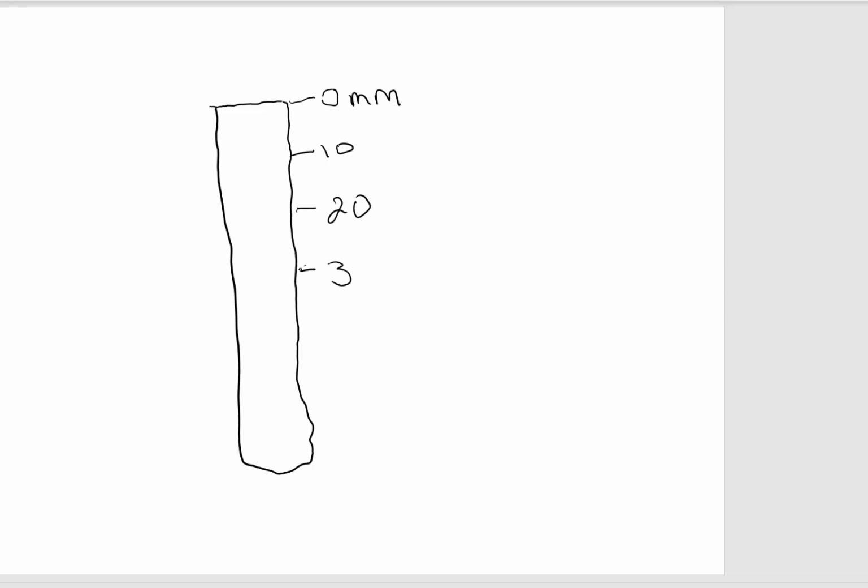So we fill the tube with the patient's blood. If we were face to face, you would be doing this with my blood. So the blood is filled to the top of the tube, to the 0 millimeter mark. And you let the blood settle, sit there for 1 hour.